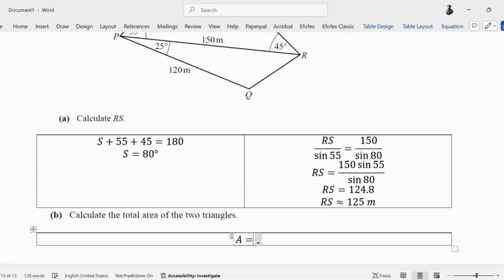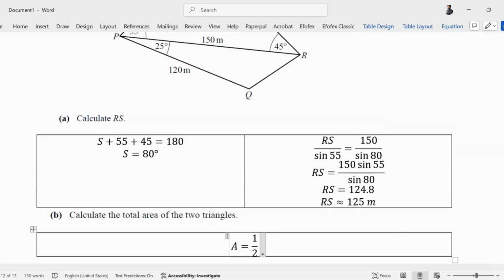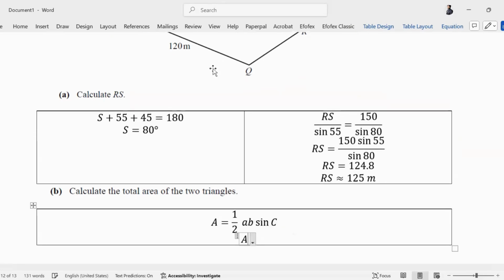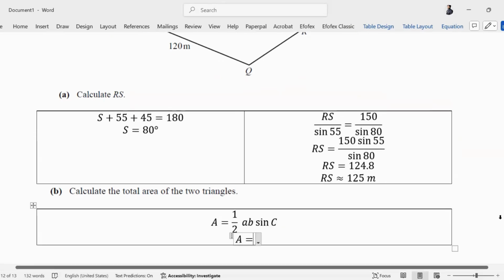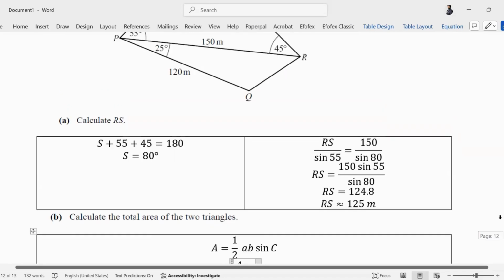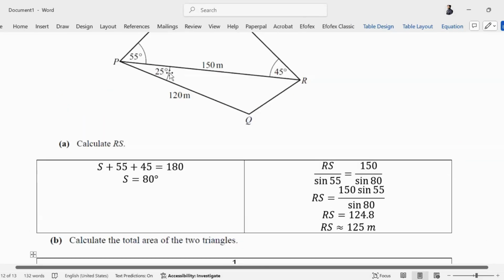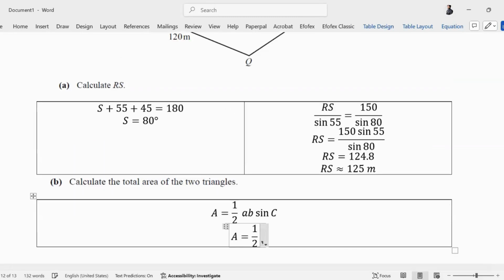So area for the first triangle PQR is half ab sine C. The two sides are 120 and 150 and the angle between those two sides is 25. So half into 120 into 150 into sine 25. This will give me the first area.